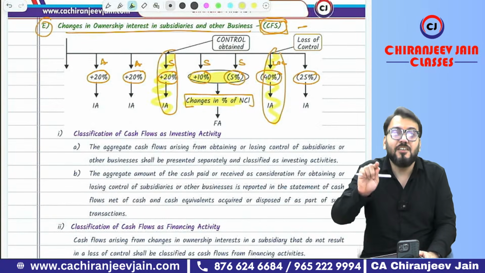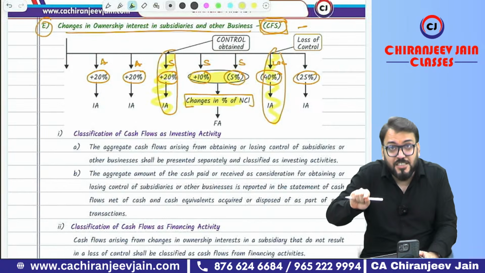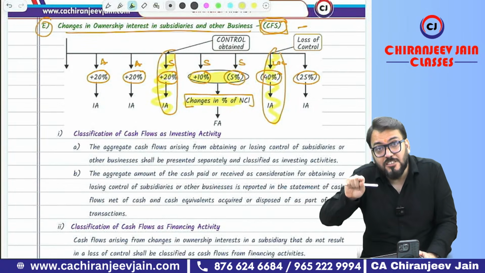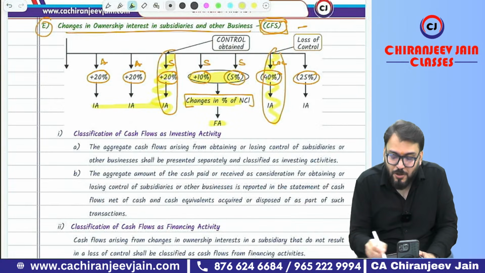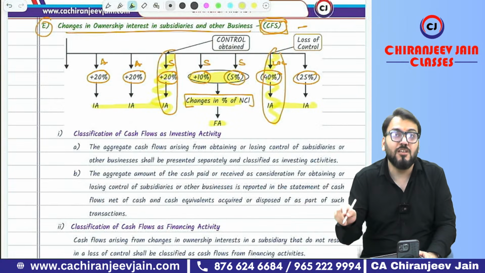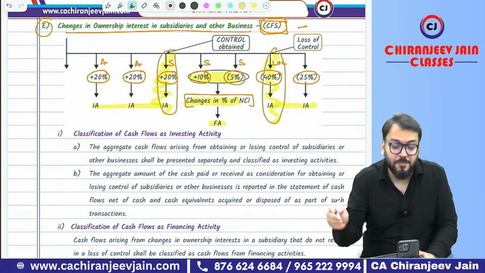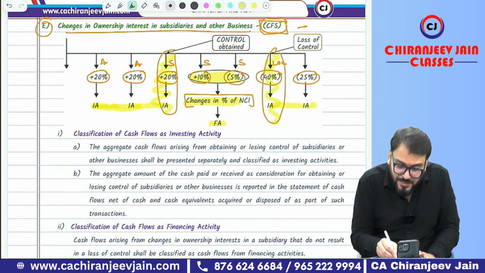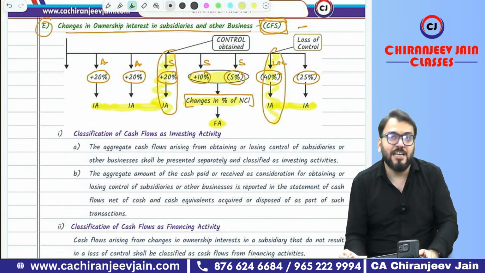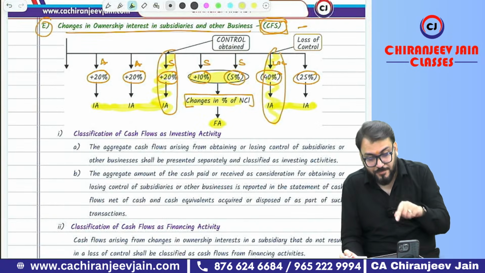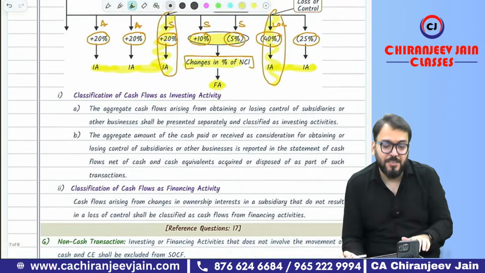Any transaction which changes the proportion of NCI will be financing activities, and the others will always be investing activities in the consolidated statement of cash flow. Understood? So these first 3 will be investing, last 2 will be investing, but this will be financing activities. Understood this point? Very important from the examination point of view.